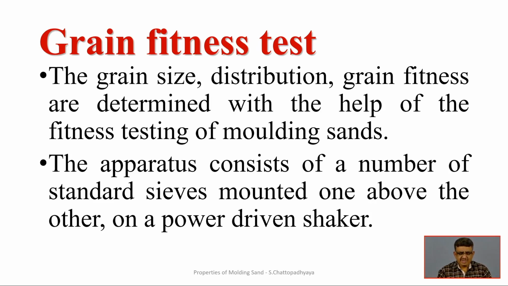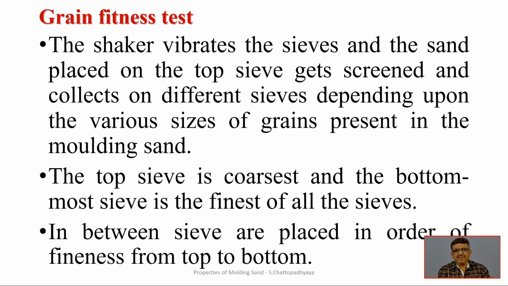So sieve numbers and other things are also relevant for grain fineness tests. A shaker vibrates the sieves, and the sand placed on the top sieve is screened down and collects on different sieves depending upon its size. It is an iterative process, and that way we can get a very good quality of casting where dimensional distortion and other problems are eliminated.